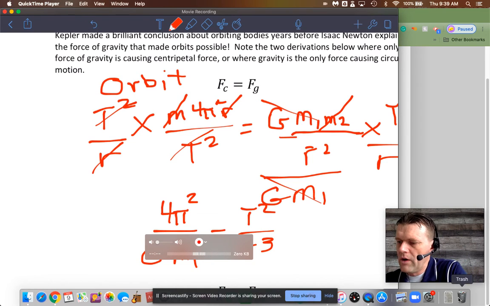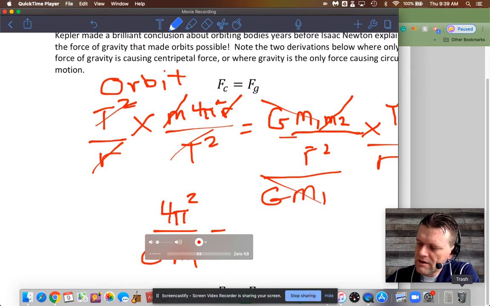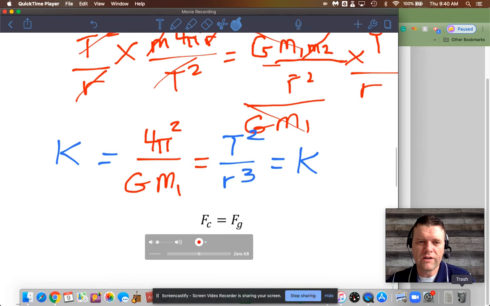Now, I want to show you something with this. Let me change to a different color, and then you'll see why in just a second. So this is Kepler's constant, T squared over r cubed. That equals Kepler's constant. And what's really slick here is Kepler's constant can also be equal to 4 pi squared over G m1, if you can see that right there.